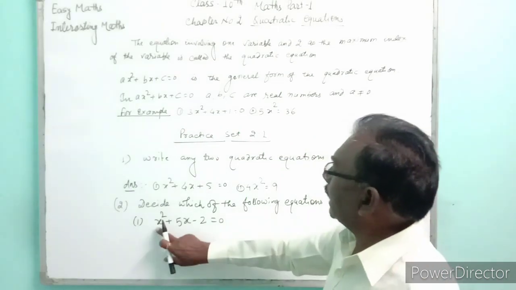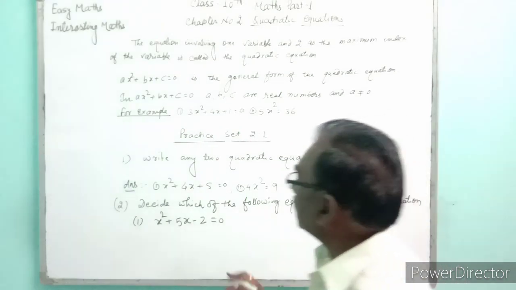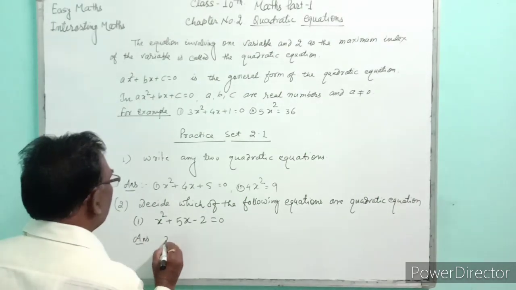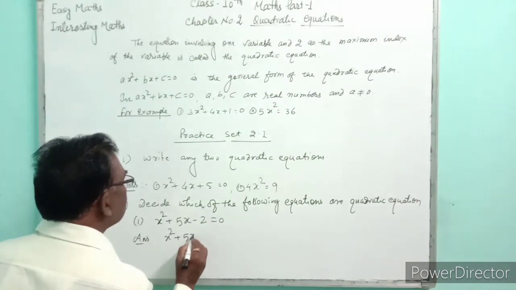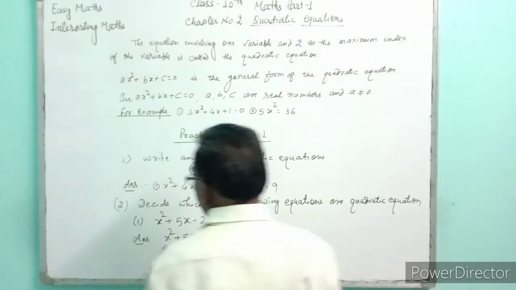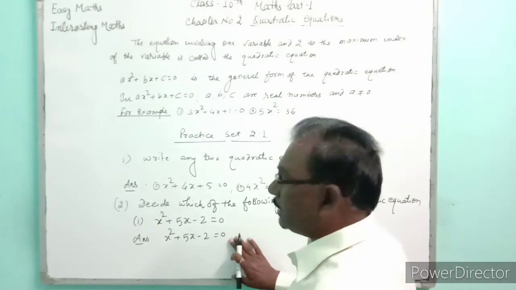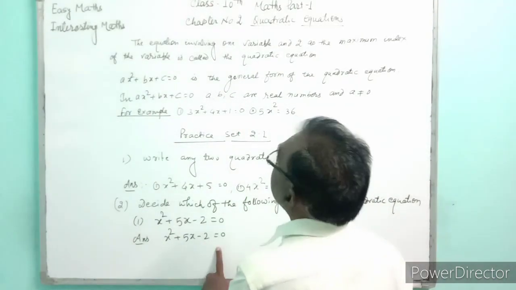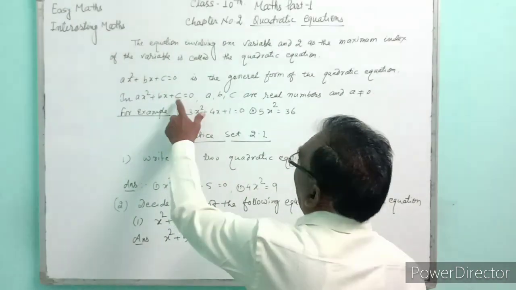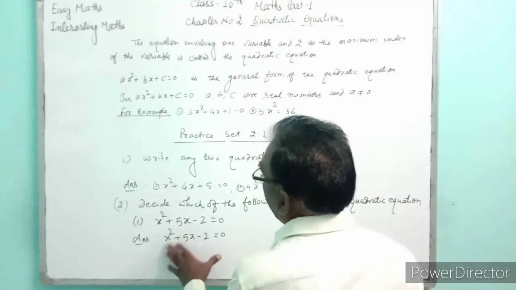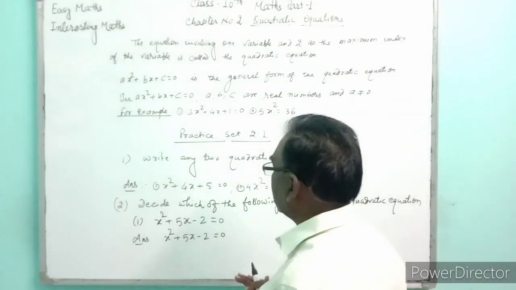How? x square plus 5x minus 2 is equal to 0. This is the given equation. This equation is in the general form of a quadratic equation.